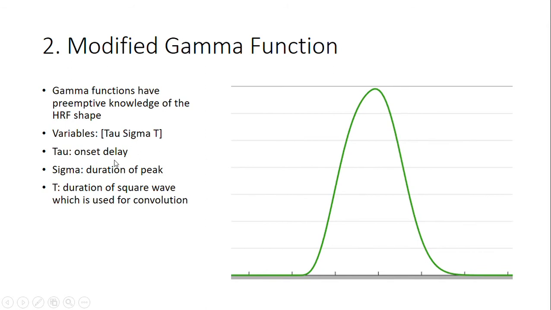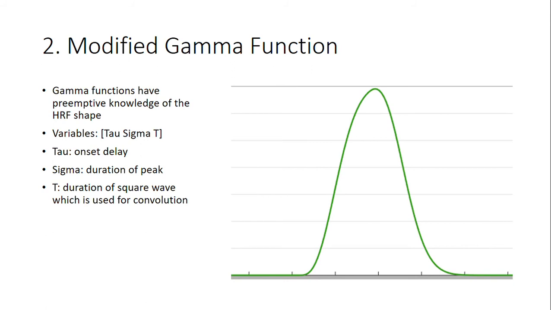Tau is going to be the onset delay, or how long after the stimulus the curve is expected to onset. Typically that's a few seconds, up to upwards of 5 or so. And then sigma is going to be how wide the peak up here is going to be. So if I increase sigma, this width here will increase. And then t is going to be the duration of the square wave that I used to build this shape.